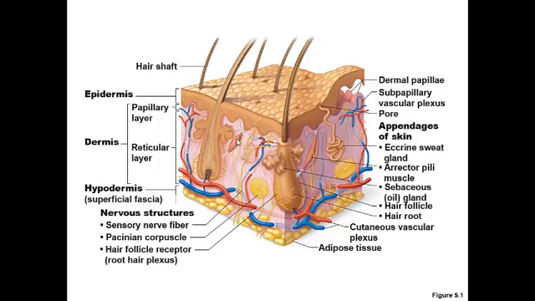So I'll be referring back to this slide, but notice we have the epidermis, which again is all epithelial cells. We have the dermis, which is connective tissue, and there are really two different layers of the dermis, which we'll talk about, called the papillary layer, the more superficial layer, and the reticular layer. The papillary layer makes up approximately 20% of the thickness of the dermis, and the reticular layer is the remaining 80% of the dermis.